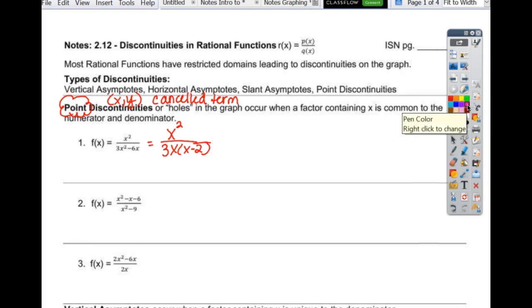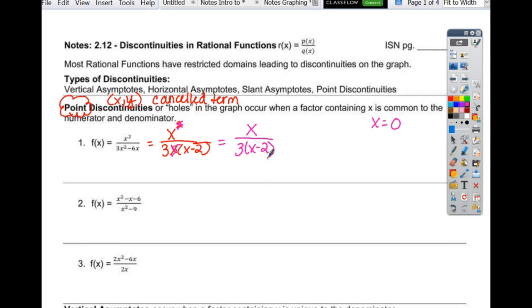So what can cancel now? One of the x's on the outside of the parentheses. So this x will cancel, and I only have one left on top. So I canceled one x. So I'm going to set that x equal to 0.